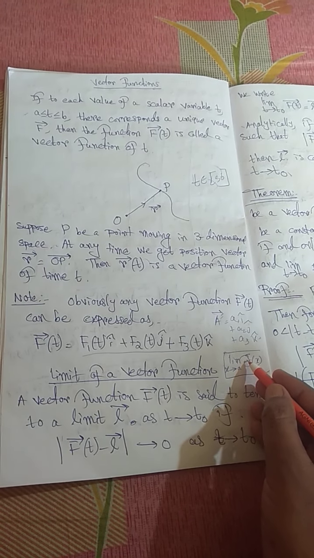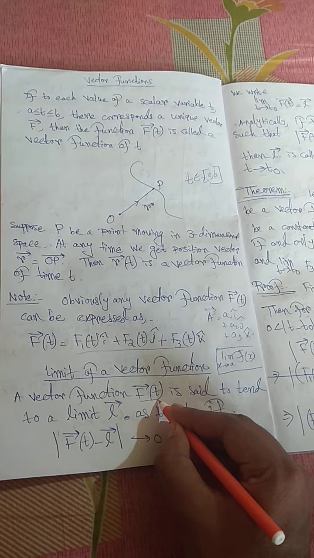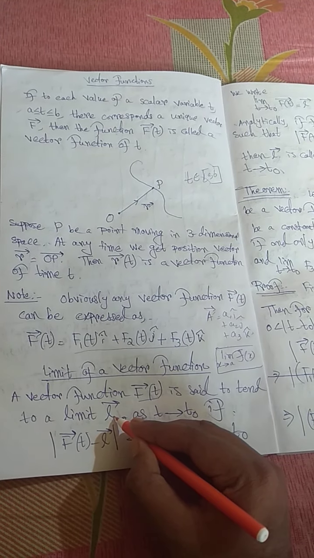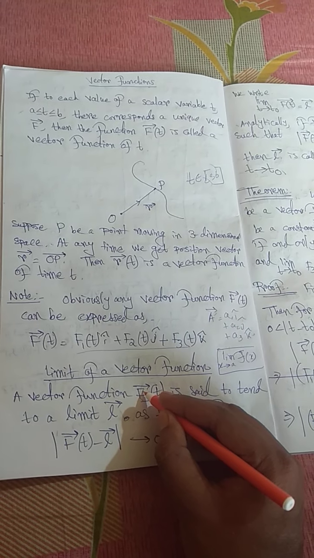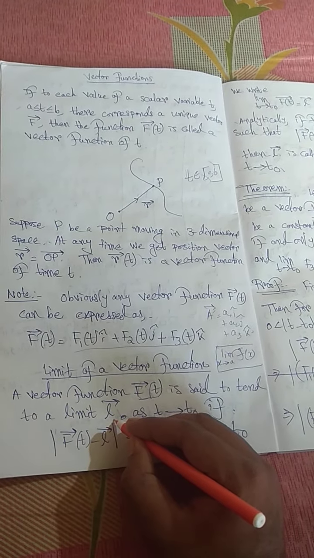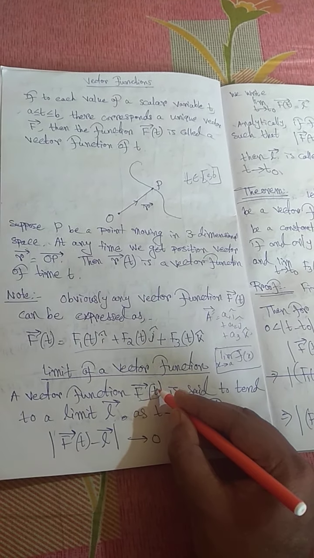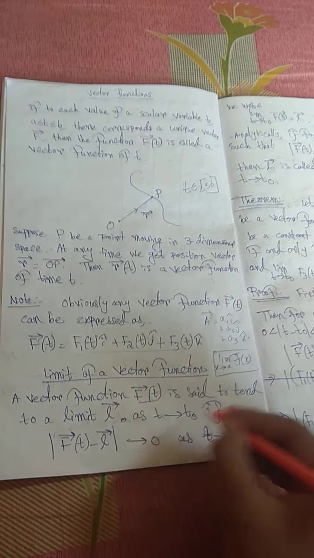where this is a scalar function, let's say. Similarly here, a vector function f(t) is said to tend to L. That means the limit of this function is L when the scalar variable t tends to t0.